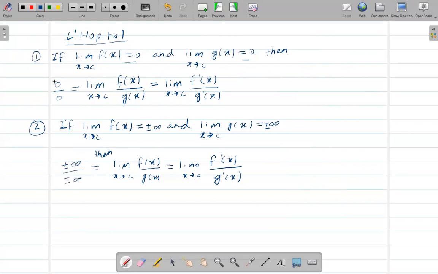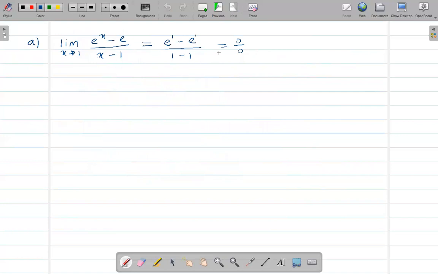So if you end up getting 0 divided by 0, or positive or negative infinity divided by infinity, then in this case we'll be using L'Hopital rule. So here we got this thing, which is undefined. Well, 0 divided by 0 is undefined. It doesn't say anything. So in this case, we will be using L'Hopital rule.